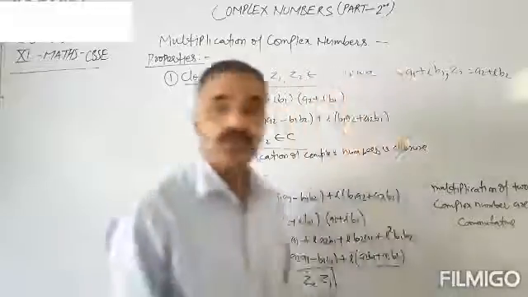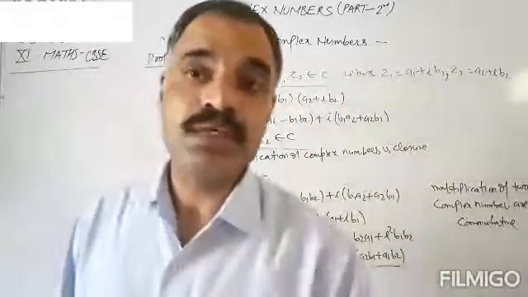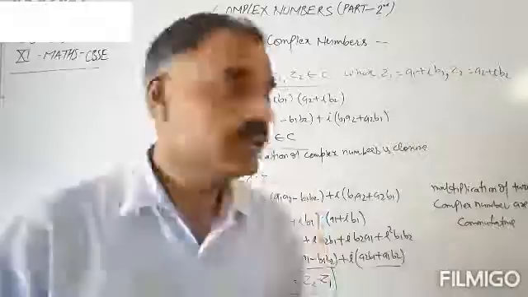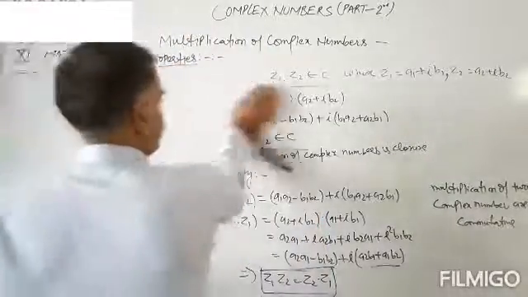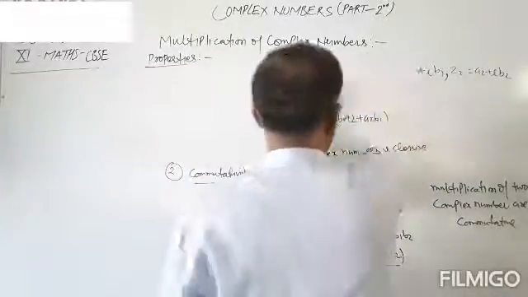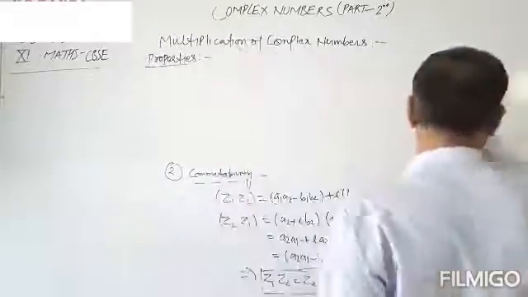Now the next property of complex numbers is the associative property. So let us discuss the associative property of complex numbers.